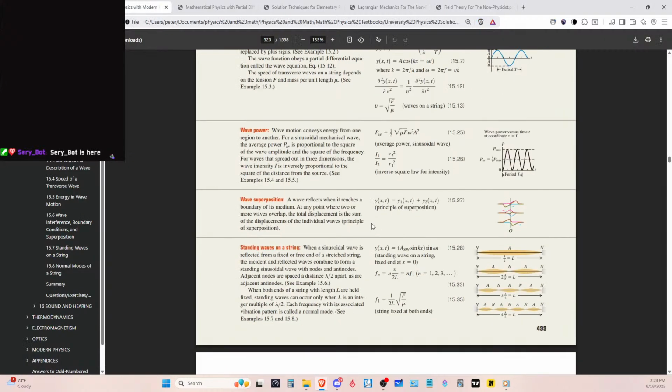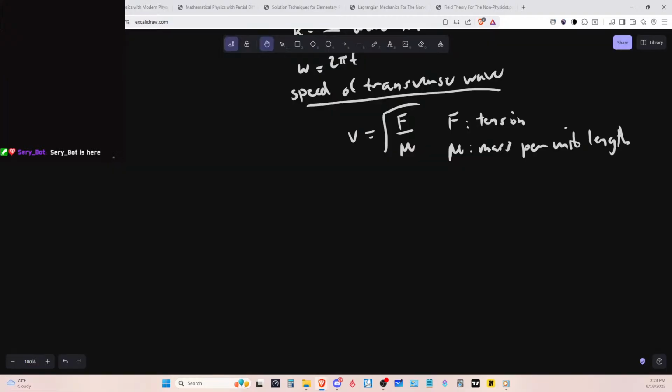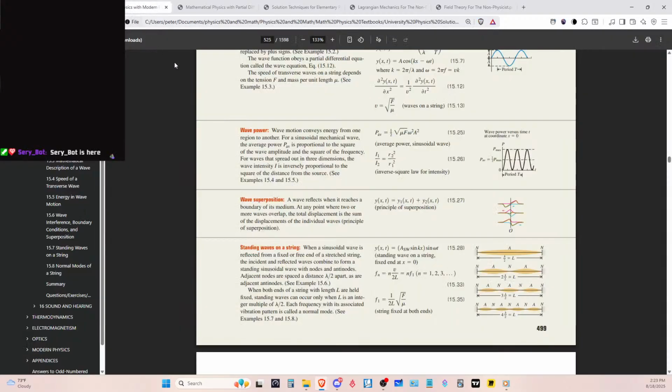Okay, so let's go down to the second part, wave power. Maybe we'll learn how to implement waves and use them to our advantage in that section. So wave power. Wave motion conveys energy from one region to another.